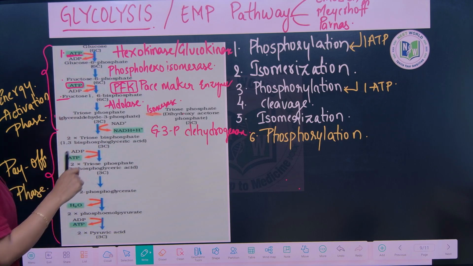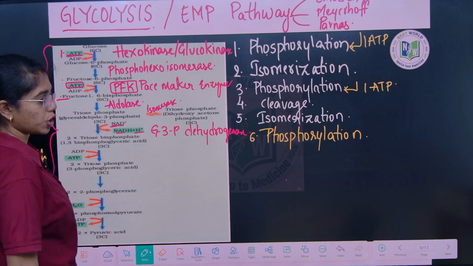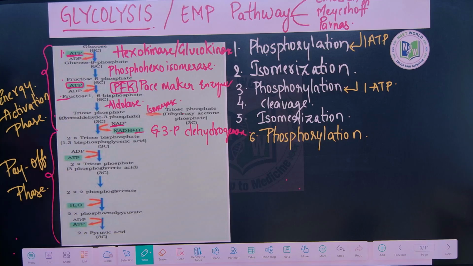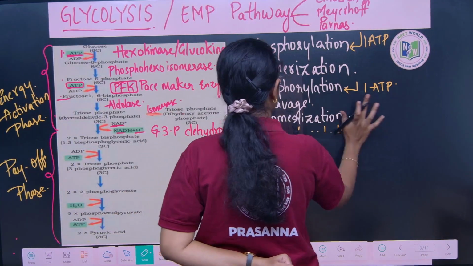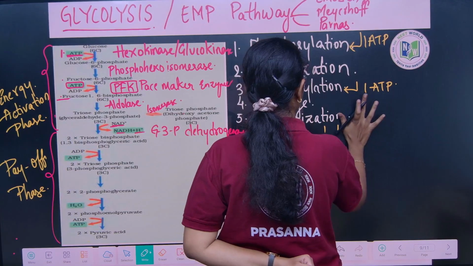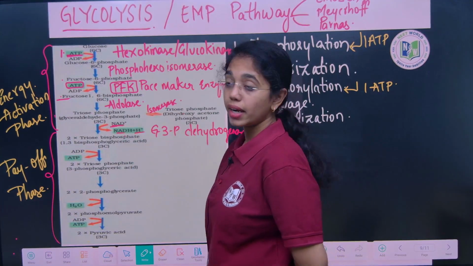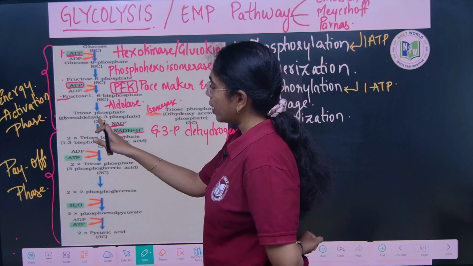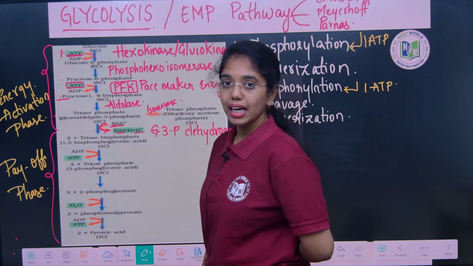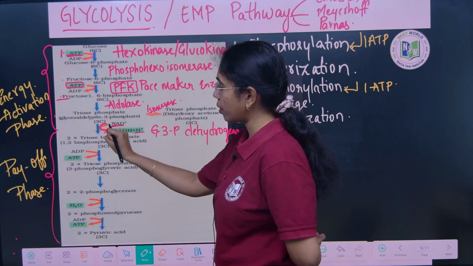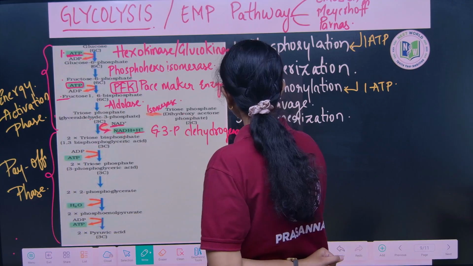Here NAD plus is reduced to NADH plus H plus. Got it? NAD plus is reduced to NADH plus H plus, where these protons are being taken from glyceraldehyde 3-phosphate. So the removal of H plus or protons is known as oxidation.